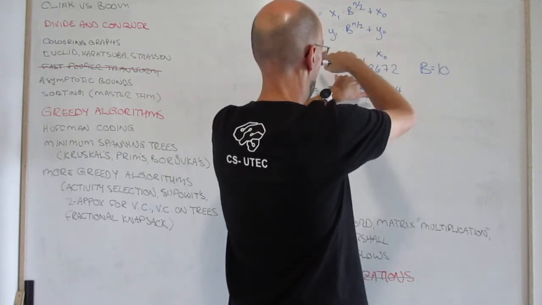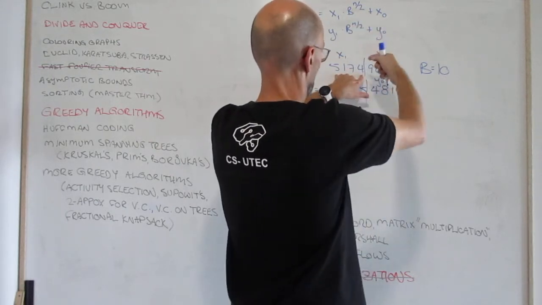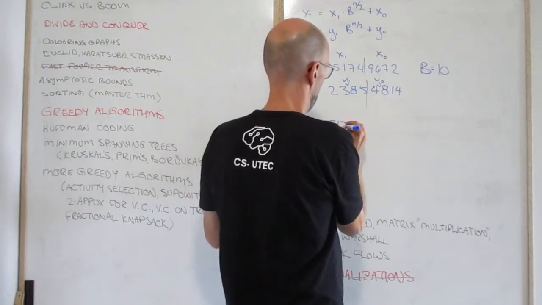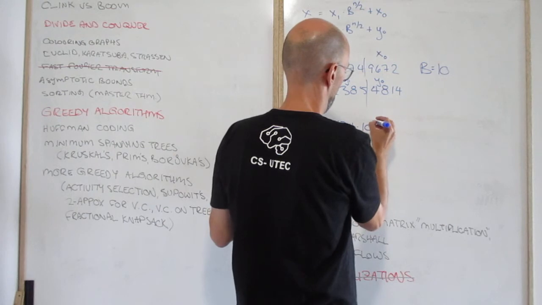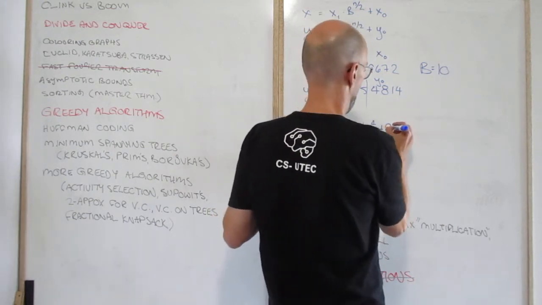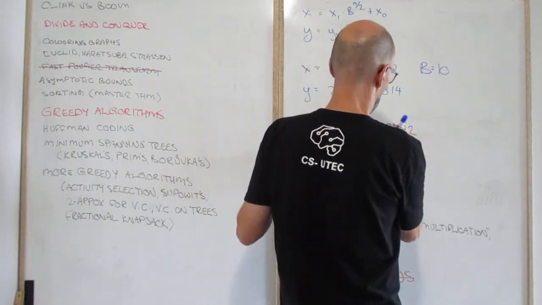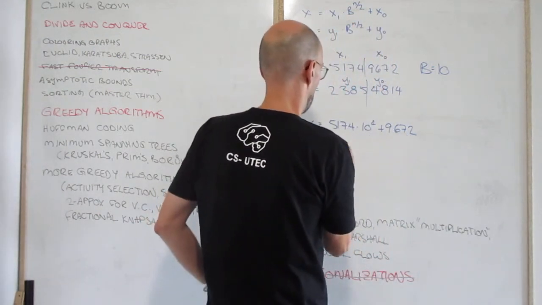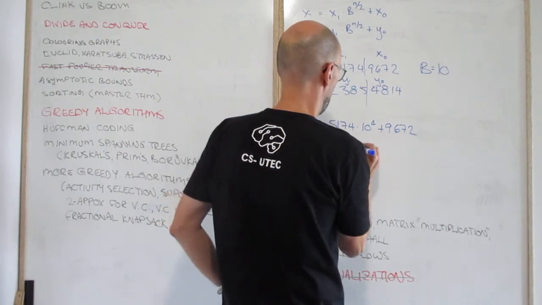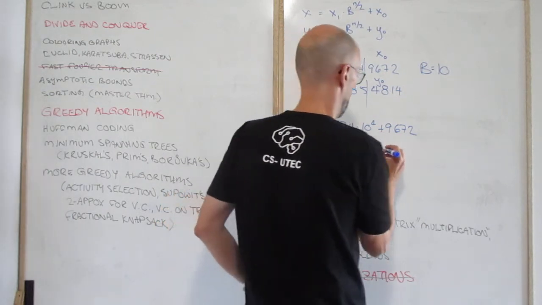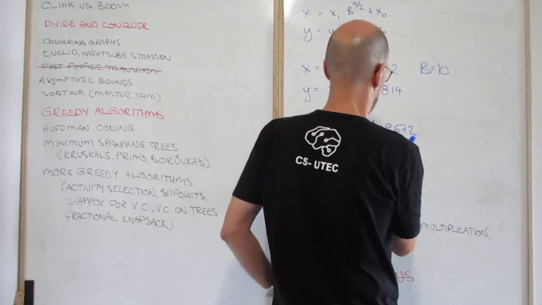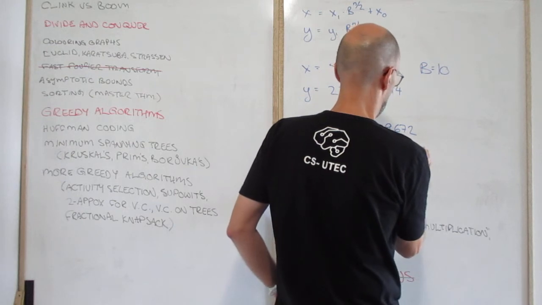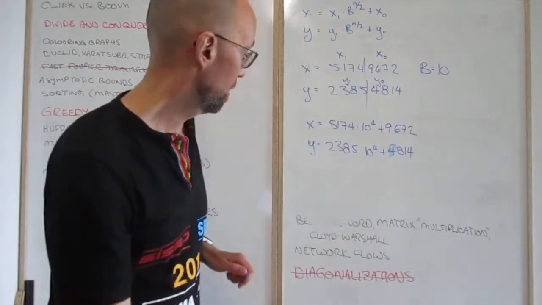So n is 8, so n over 2 is 4. So x equals 5174 times 10 to the 4 plus 9672. That's just a dot, not a multiplication. y equals 2385 times 10 to the 4 plus 4814.